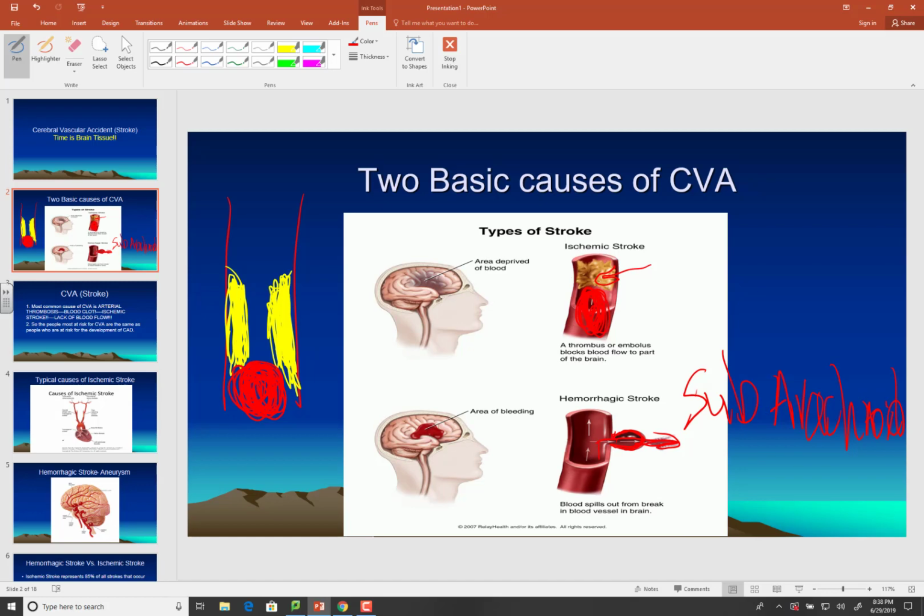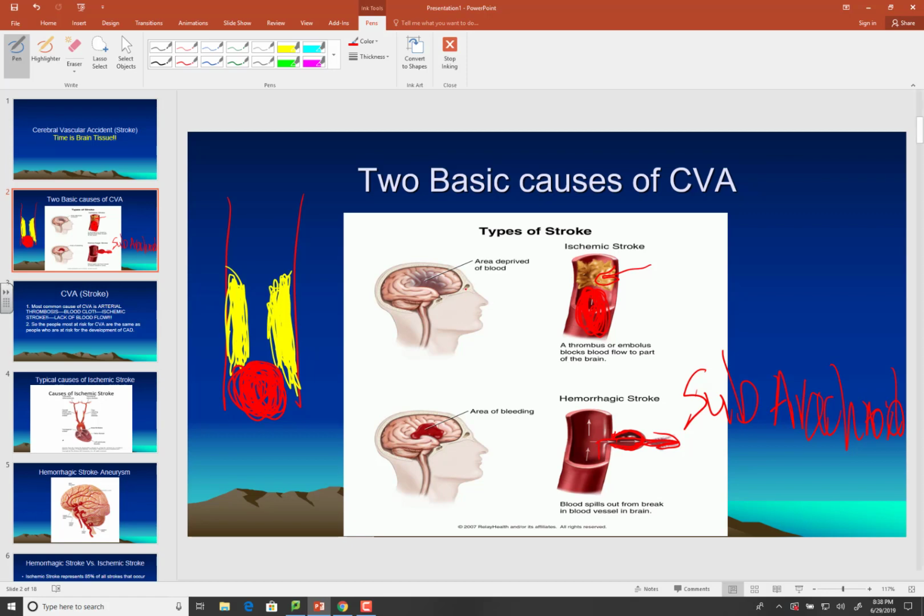The way most cerebral aneurysms are found is, unfortunately, when they rupture. When bleeding aneurysms rupture, the person usually dies within a few minutes. That's just the way it is. There's not too much you can do.